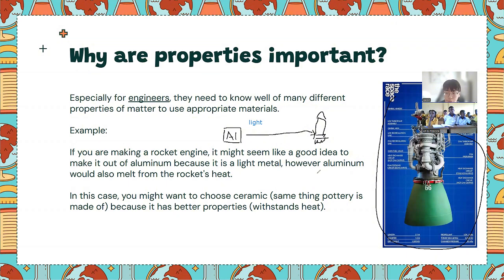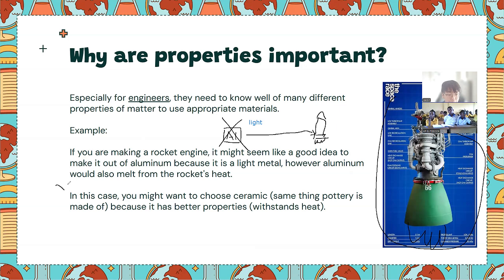But there's a problem. Aluminum would melt from the rocket's heat because it's not that heat resistant. It can easily melt from the fire that comes out. When the rocket boosts itself to lift off, the heat melts the aluminum, so it would not be a good idea to make it out of aluminum.